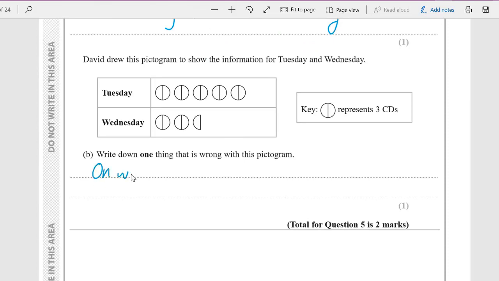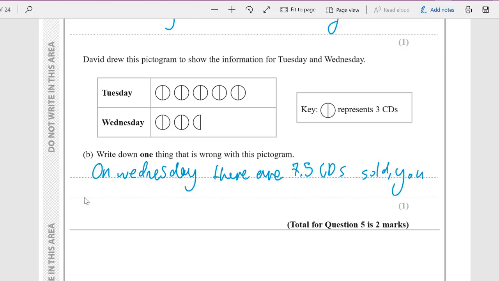So on Wednesday there are 7.5 CDs sold. So obviously you cannot sell half a CD.